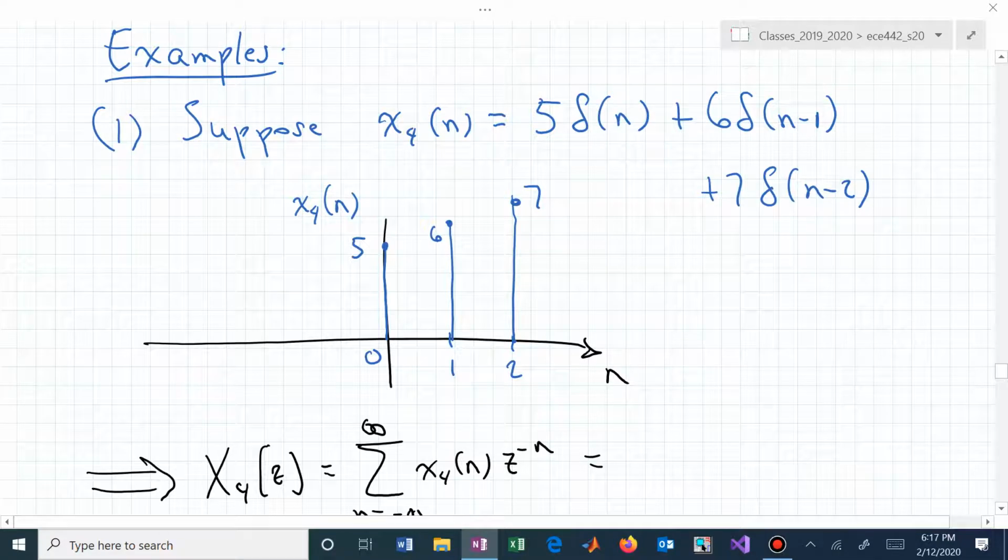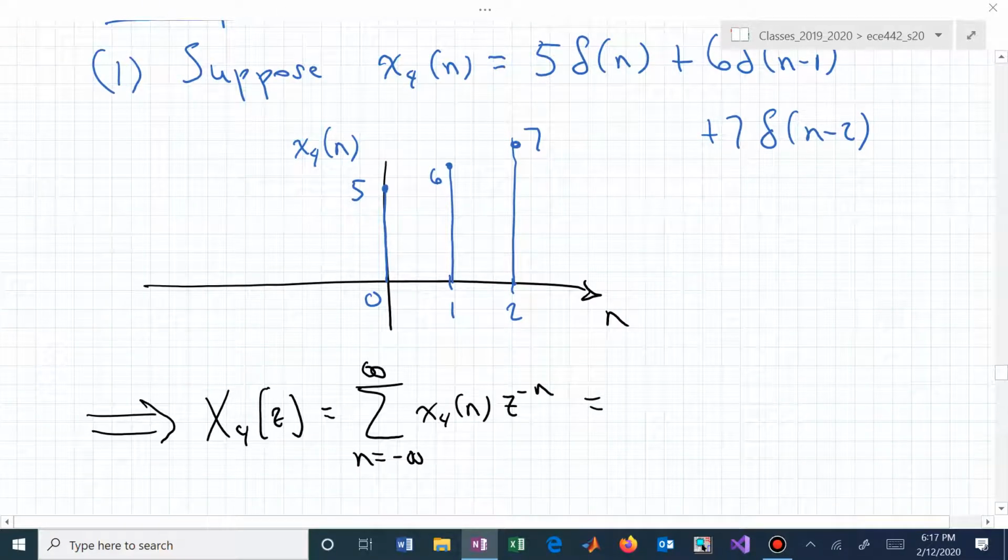What's the z transform? Well, by definition, it's this infinite sum. But now, little x sub 4 of n only has 3 non-zero values.